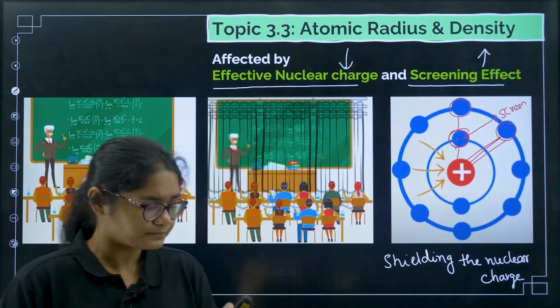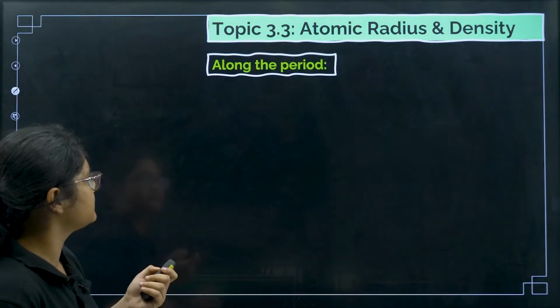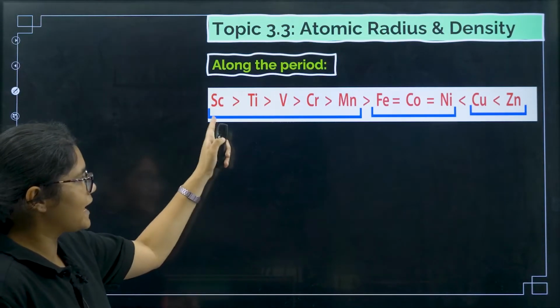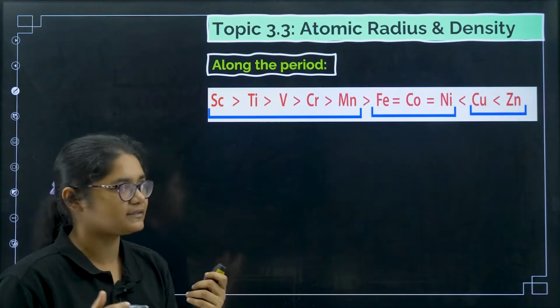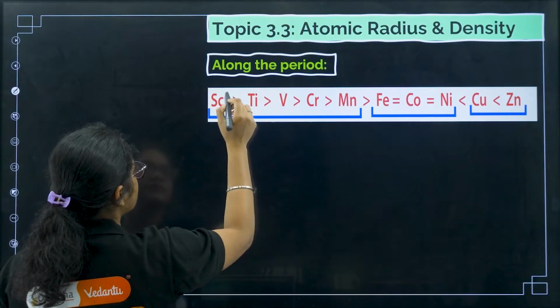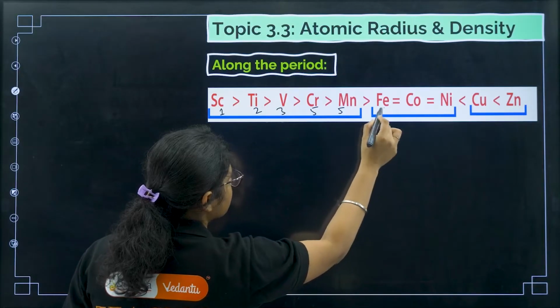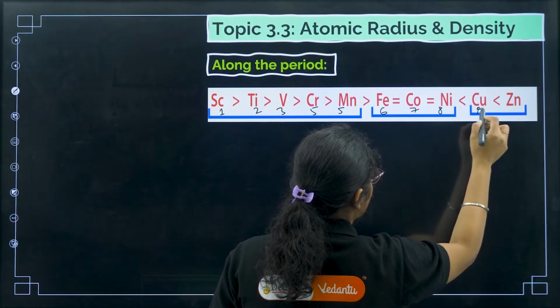So now both these opposing factors are working. What happens along the period, from scandium, titanium, vanadium, chromium, manganese? There is a d1 electronic configuration, then d2, d3, d5, d5, d6, then d7, d8, d10 and then d10.